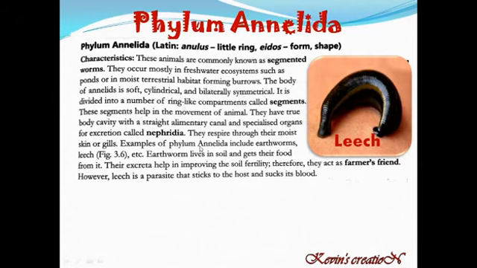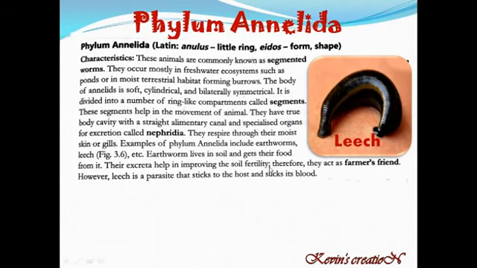Examples of phylum Annelida include earthworms. You must be very familiar with earthworms, which are also called farmer's friend, and leech. Now the earthworm lives in the soil and gets its food from it. Their excreta help in improving the soil fertility.